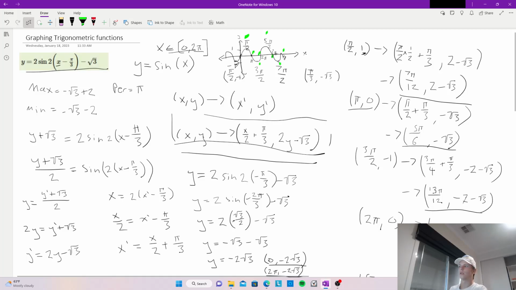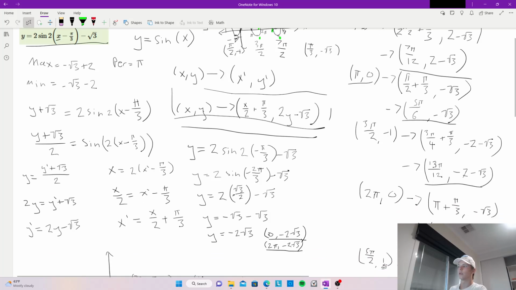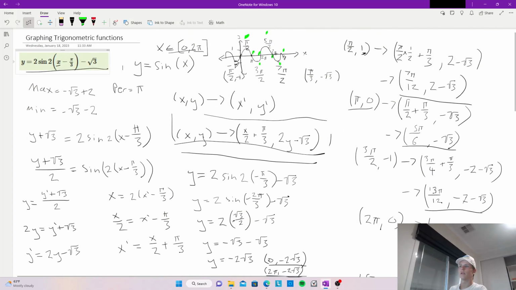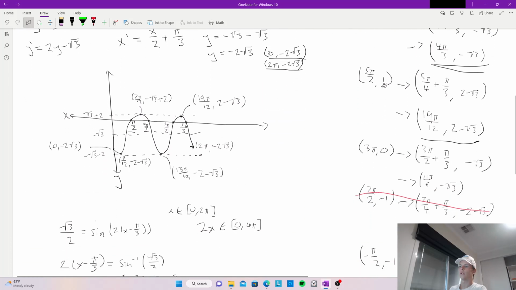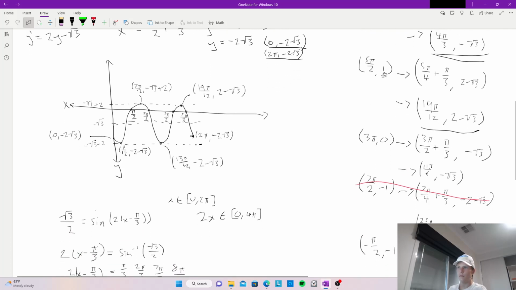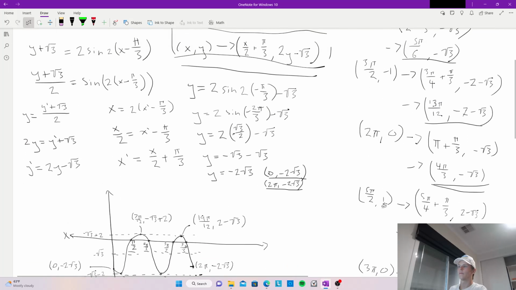There's no need to use this translation method. This is just really good for your maximum and minimum points, and also finding out which direction. Because after there's been a horizontal translation, especially, and it's in a specific domain, you're not going to know whether it starts going downwards or starts going upwards, and this method also helps with that.